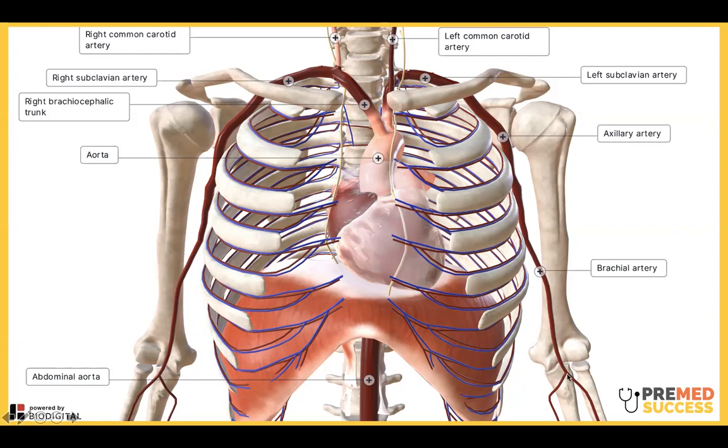And eventually down here, it will become the radial and the ulnar arteries after the radial and ulnar bones in the forearm. So when people talk about the subclavian, the axillary, the brachial arteries, and again, with the veins, the subclavian, the axillary, and the brachial, they're talking more about where it is in the arm. They are effectively the same artery. It's continuous. It just changes name depending on where it is.